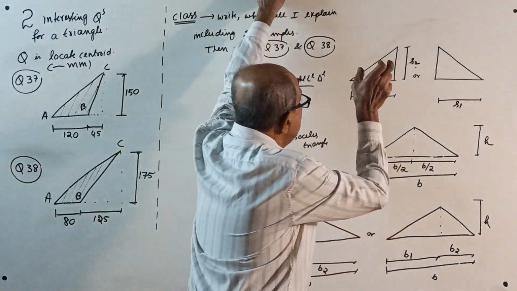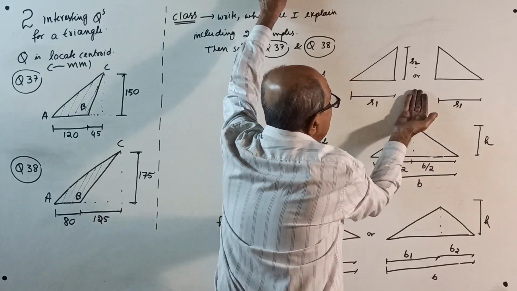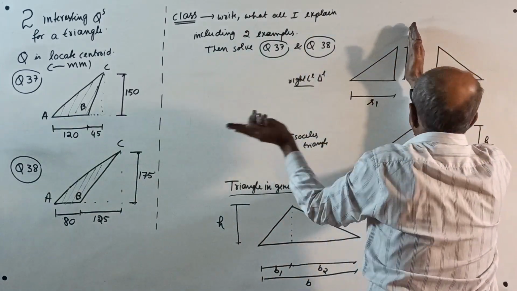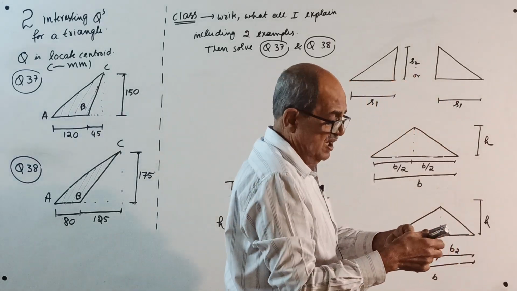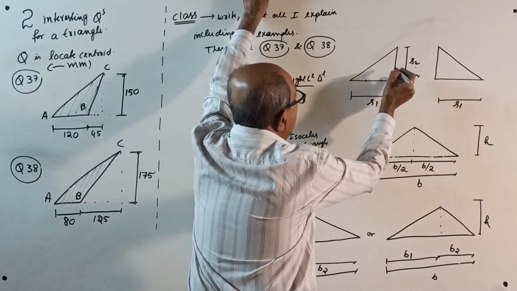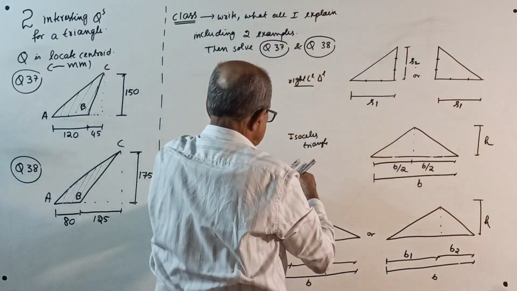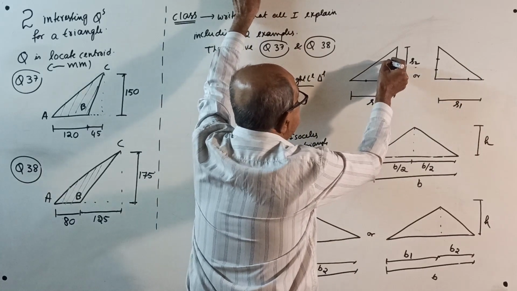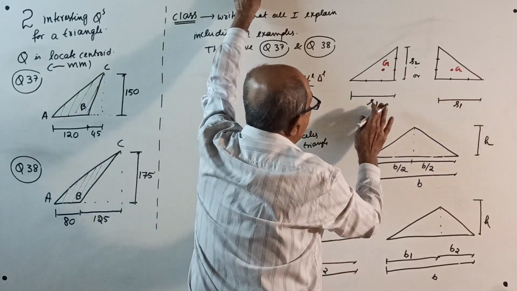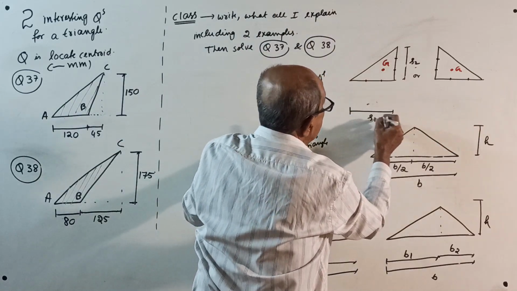So now, for both triangles, if S1 is the base, S2 becomes the height, or if S2 is the base, S1 is the height. Therefore, you can locate the centroid. It will be divided into 3 parts, 3 parts, 3 parts, and your centroid will be here, G. Now, I can remove this and put S1 and S2 here.